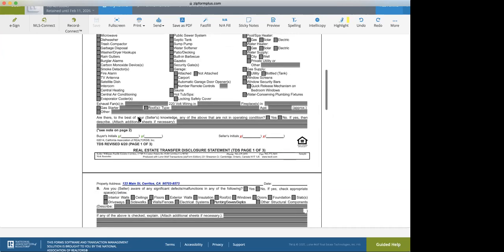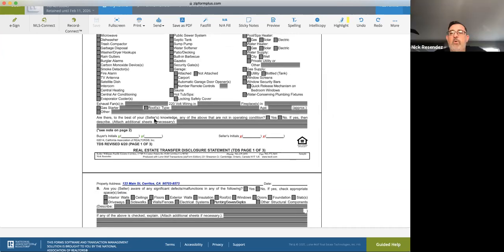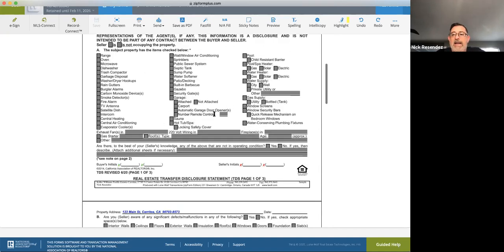So at the bottom here is where we have a question. It says, are there, to the best of the seller's knowledge, any of the above that are not in operating condition? So if the spa heater doesn't work, you would check the box and say no. Or, I'm sorry, yes. Yes, the spa heater is not in operating condition. And then describe.